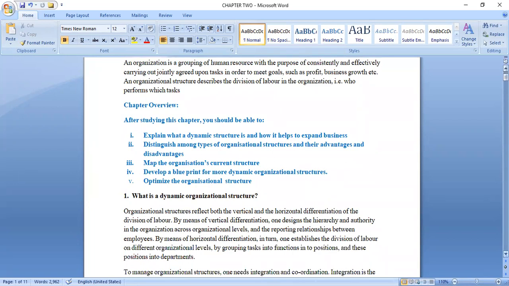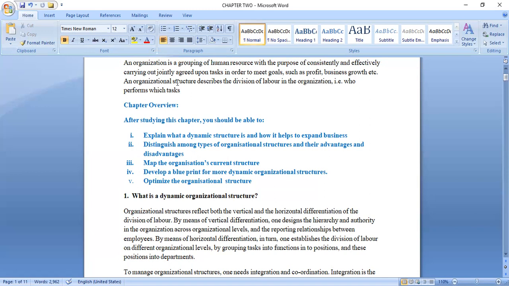In this chapter, by the end, you should be able to know and explain what a dynamic organization structure is, and how it helps to expand businesses. You'll also be able to distinguish among different types of organization structures, as well as getting to know their advantages and disadvantages.